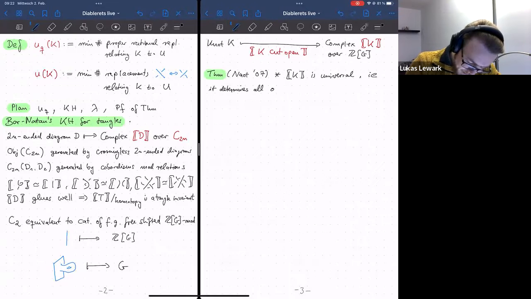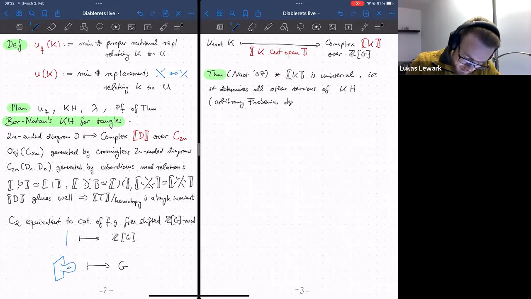It determines all other versions of Khovanov homology, and by other versions I mean other Frobenius algebras, arbitrary Frobenius algebras, arbitrary coefficients, and reduced or unreduced homology.